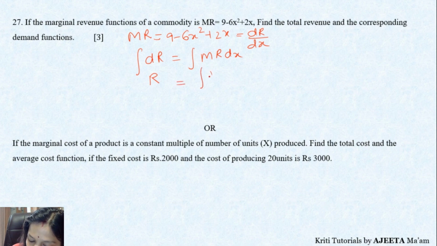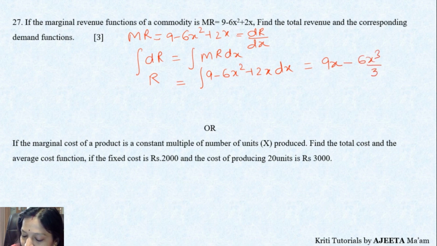Now mr is 9 minus 6x square plus 2x dx. So what will be the integration? 9 का integration 9x, 6 is constant, x square का integration x cube by 3, and 2 is constant, so x का integration is x square by 2 plus c, correct?